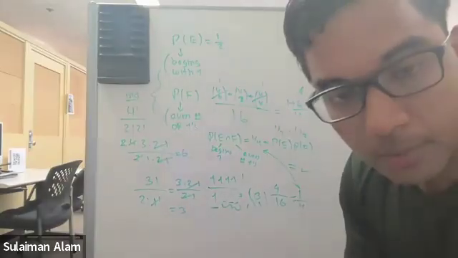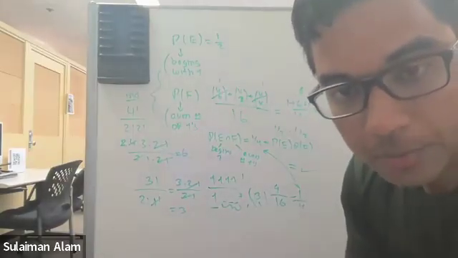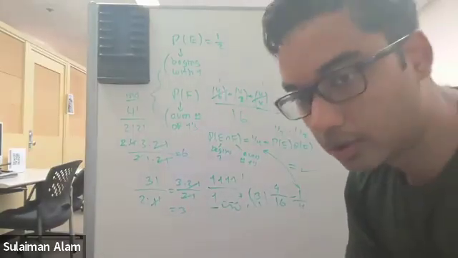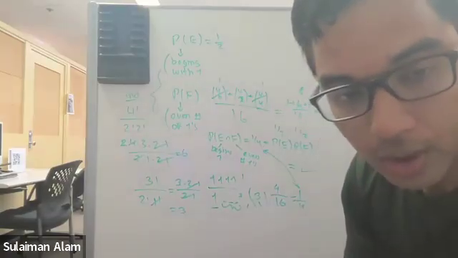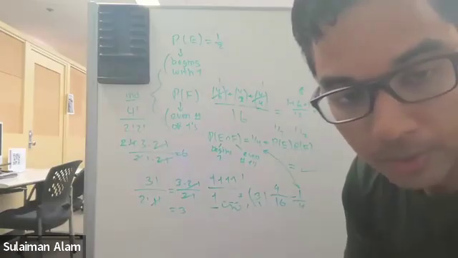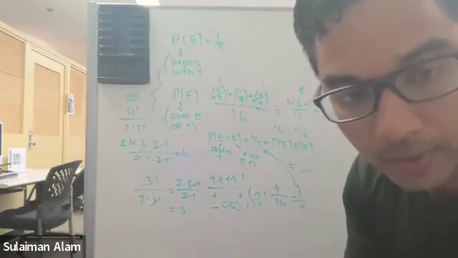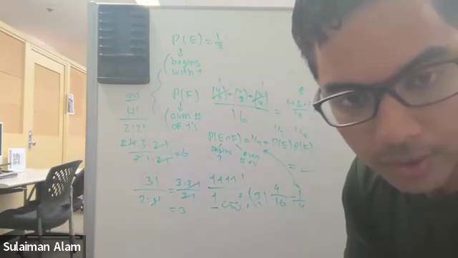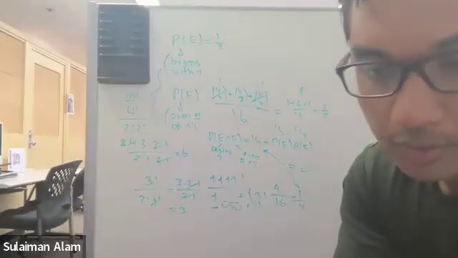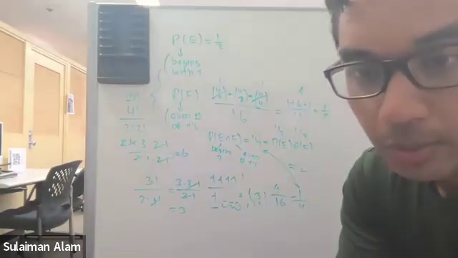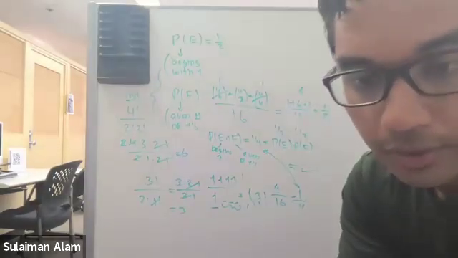X is a random variable, and P of X equals R is the probability that X equals R, so that probability of X equals R is the sum over all the samples in S such that X of S is R, P of S, the probability of that. I think that's just the same formula, but written differently.